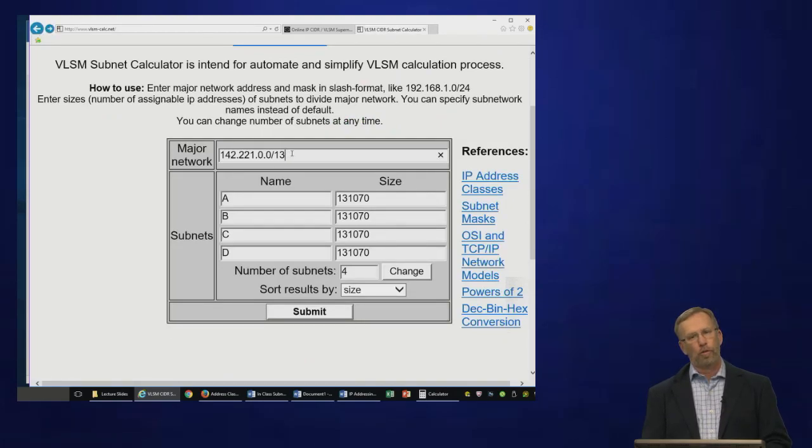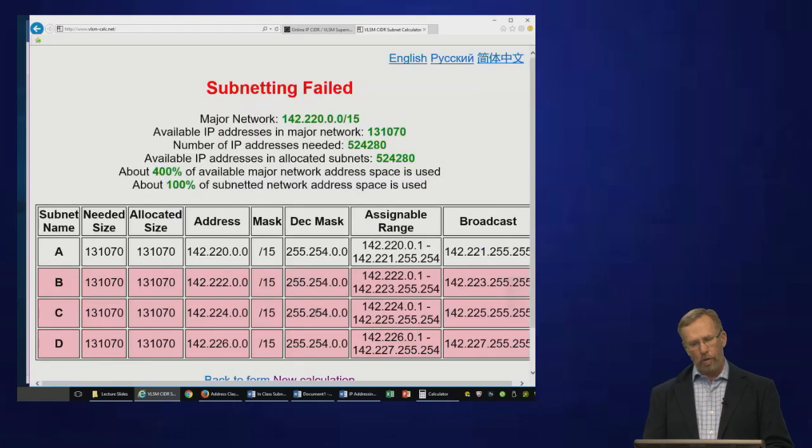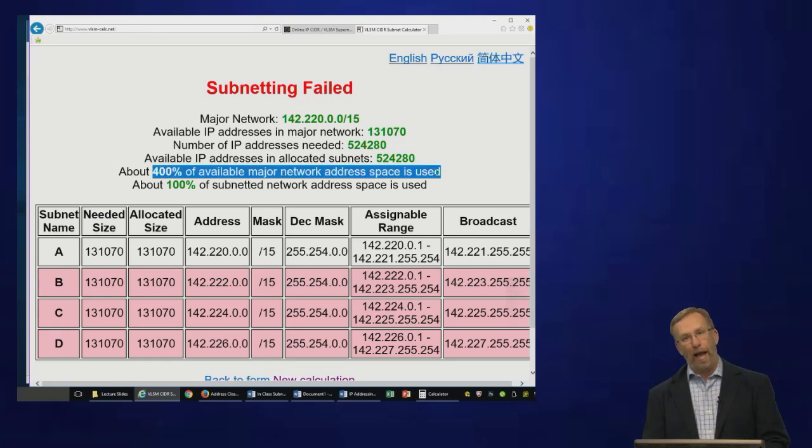Let's say that you've said, I'm going to use 2 bits for subnetting. So you put the 15 up here instead of the 13. Now let's see what happens. And you still leave this at 4. Notice it's given us a subnetting failed message, and it says, because you said each subnet has 131,000 IPs, you're using 400% of the available space that you have.